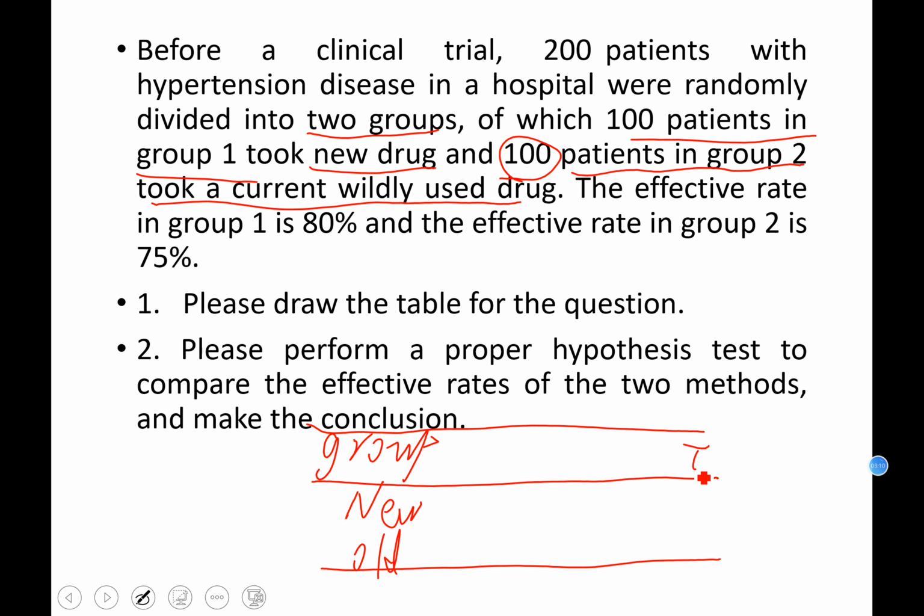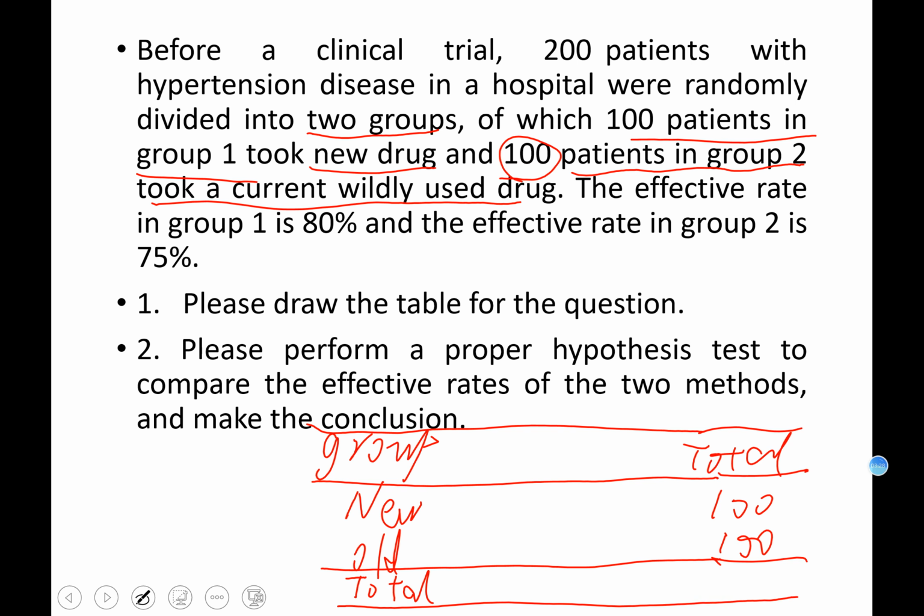And we already know the total number in each group: 100 patients in new and 100 patients in old. And here we can list another total, that is the column total. In this study, there are 200 patients, and these 200 patients were divided into two groups, new and old.